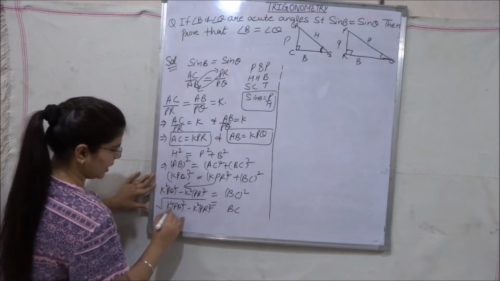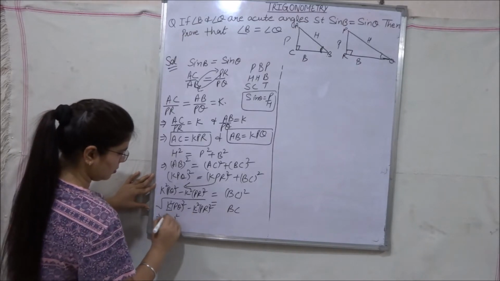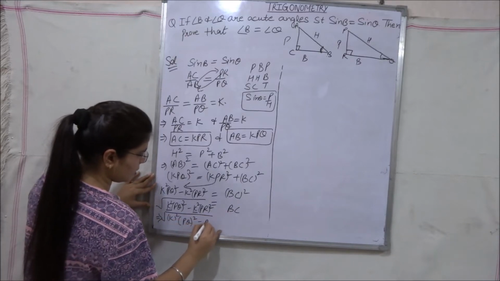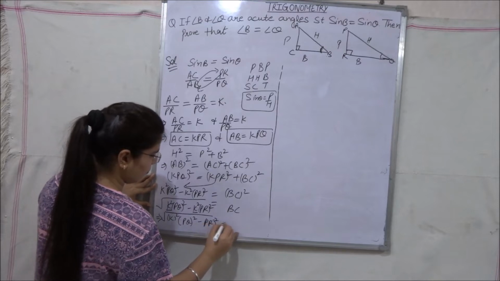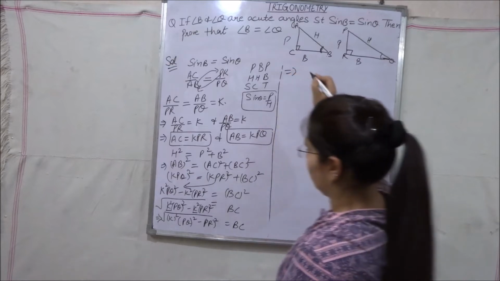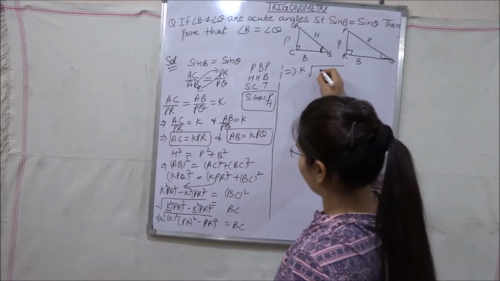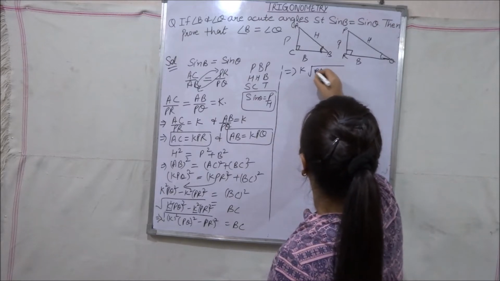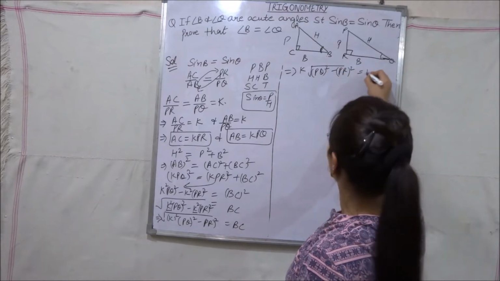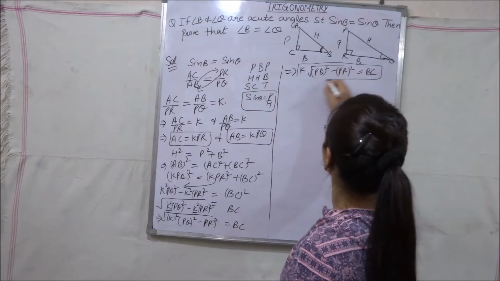Now BC will be under root of K square PQ square minus K square PR square. So taking the value of K square common, we have PQ square minus PR square. Now taking K outside the under root, we are left with under root of PQ square minus PR square. This is equal to BC. So this is our value of BC.